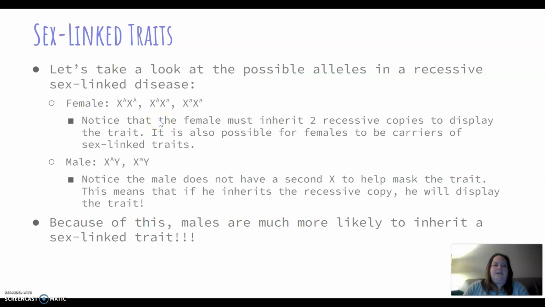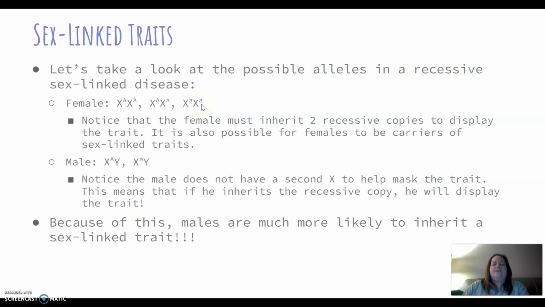All right, so let's look at this example. If we notice here, I've got my two X's, and then up above that, superscripted, is our allele for whatever trait we're looking at. So I've got X big A, X big A, X big A, X little a, and X little a, X little a.